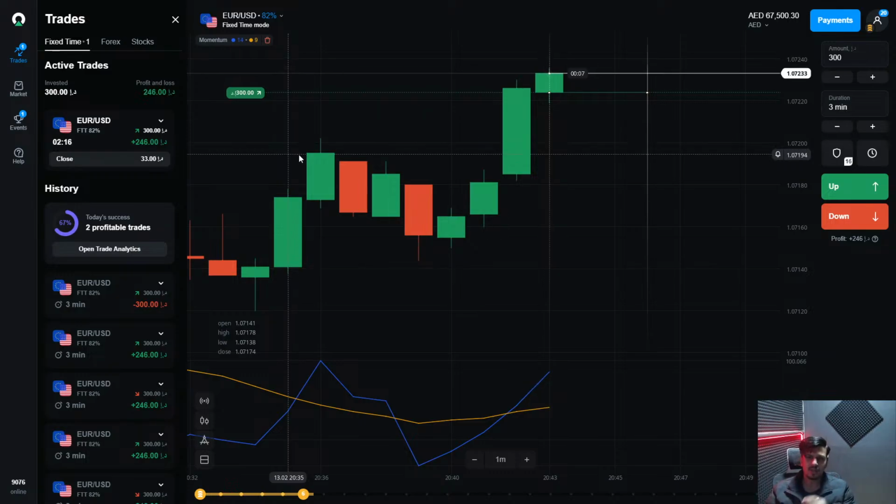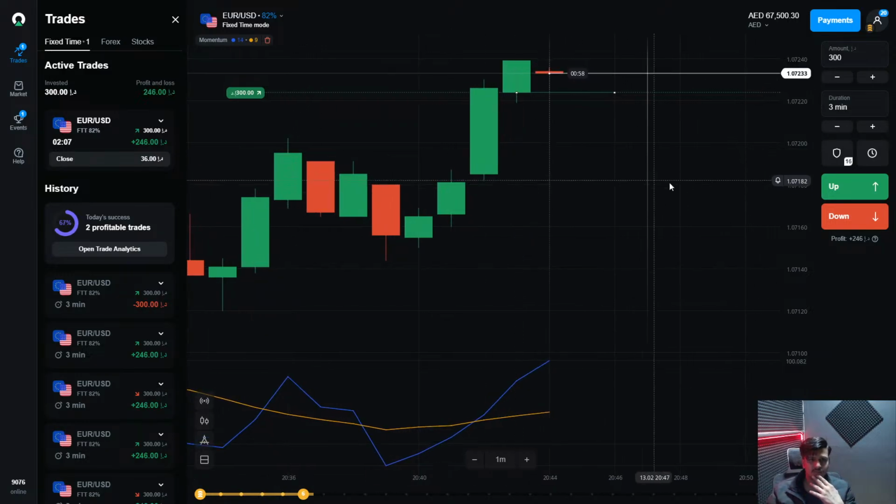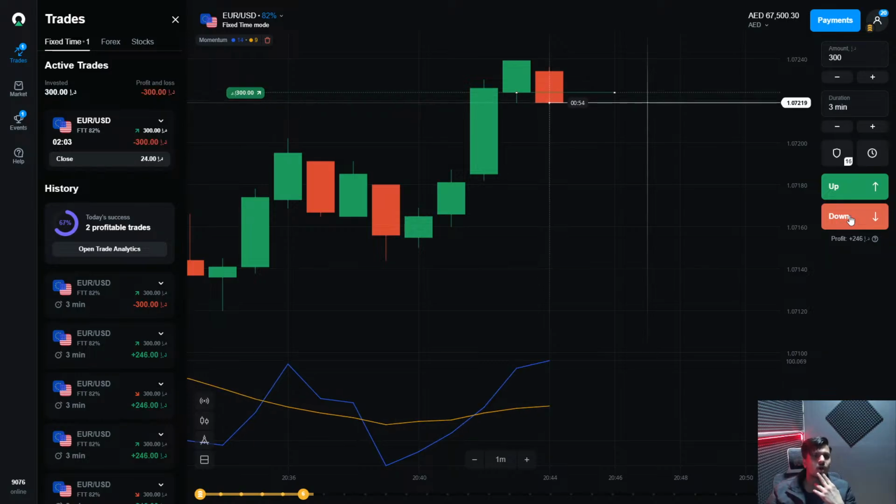One thing can happen. You can make another trade here, a downward trade, so it can compensate both things, the upward and downward. Oh, it's close.